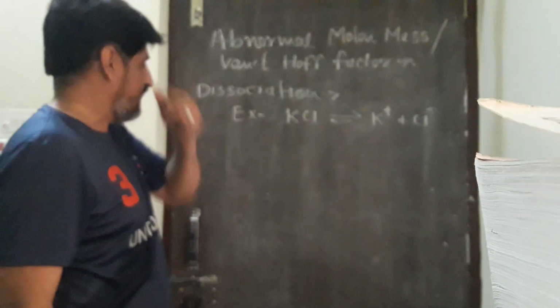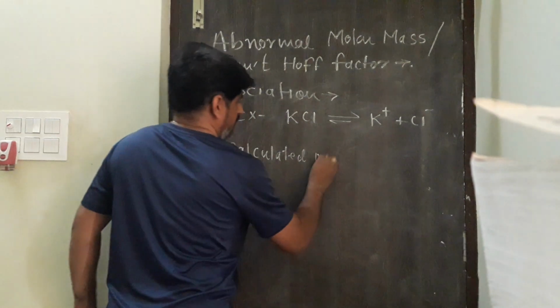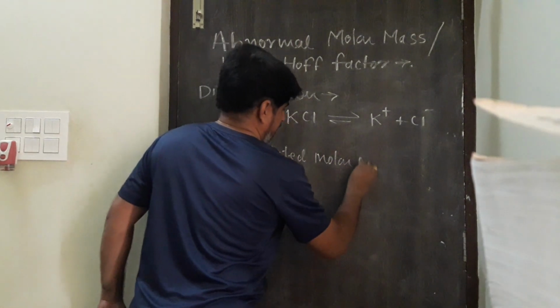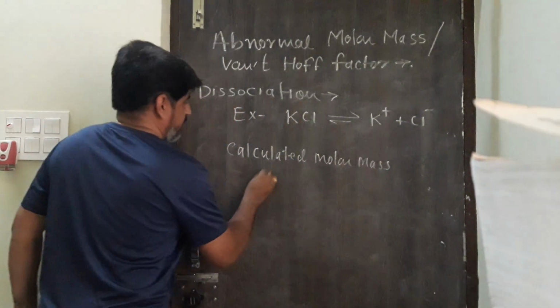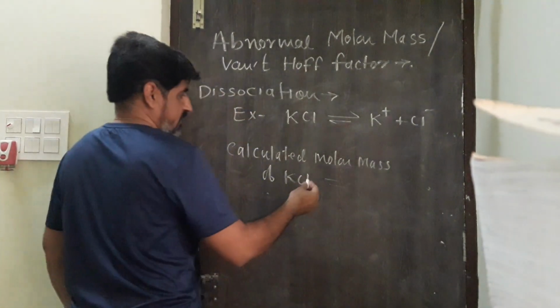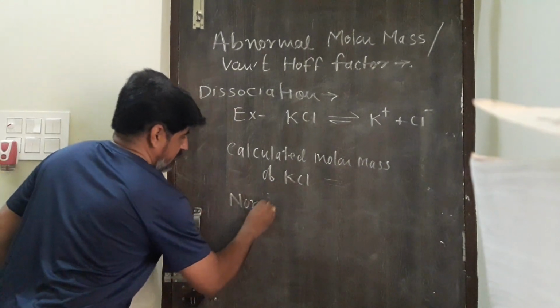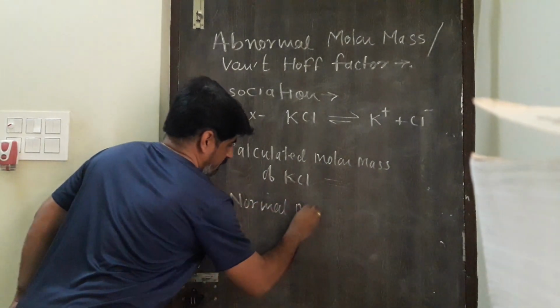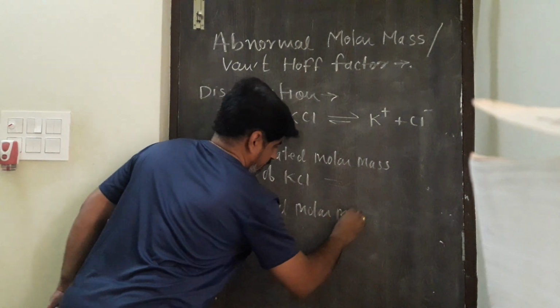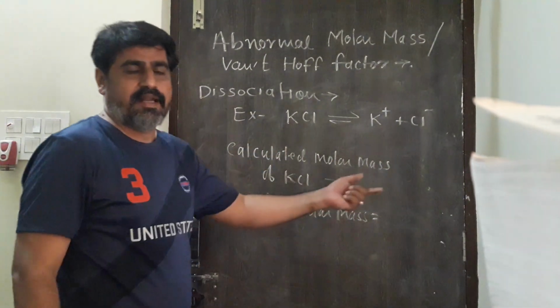The calculated molar mass of KCl, or normal molar mass: normal molar mass is the atomic mass of K plus the atomic mass of Cl.